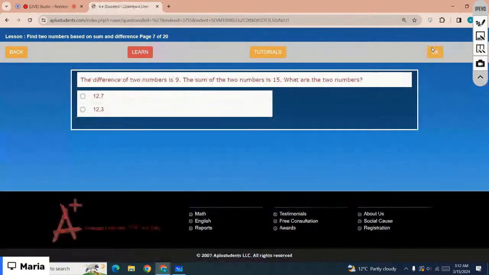The difference of two numbers is 9. The sum of the two numbers is 15. What are the two numbers? So, which two numbers have the sum 15 and the difference 9?